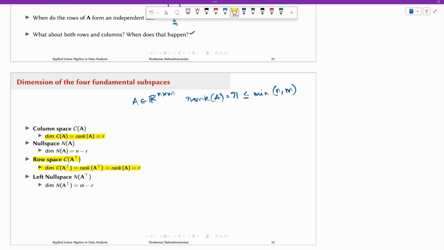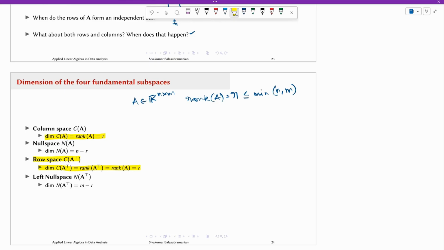What about the null space? What is the definition of the null space? Yep. Set of all vectors x such that Ax equals 0. Okay, all right. Whenever you have a matrix, there are two spaces, right? Input space, output space. Rm is the input space, Rn is the output space. What space does the column space belong to?